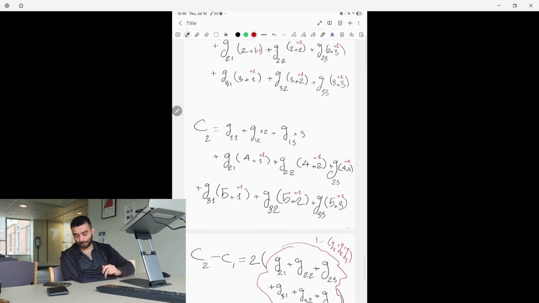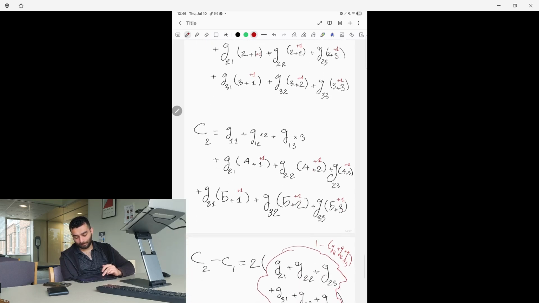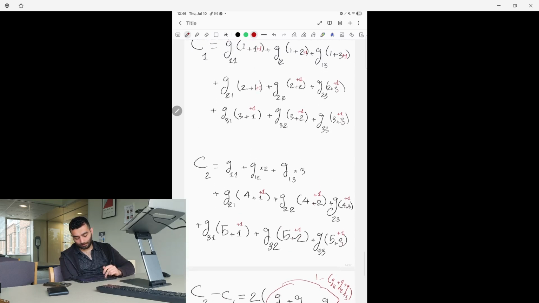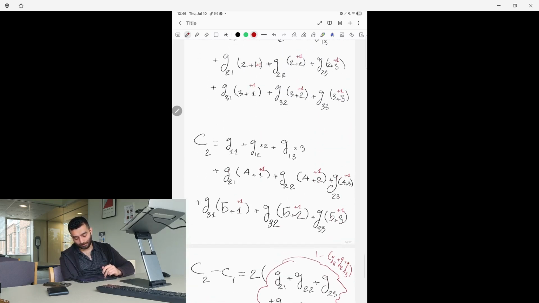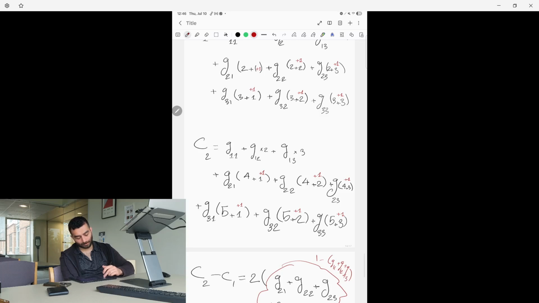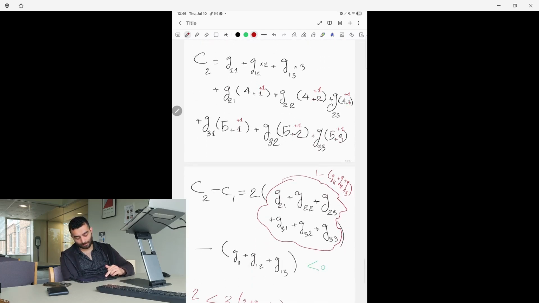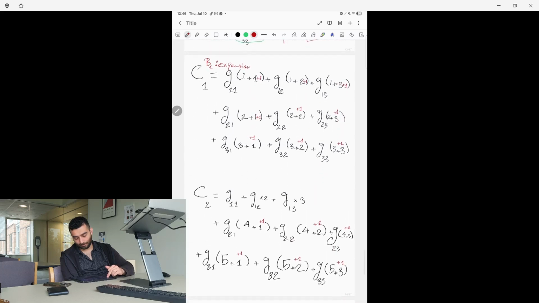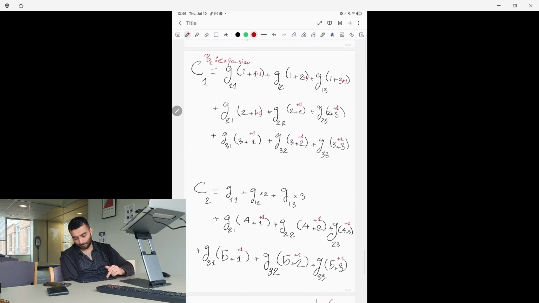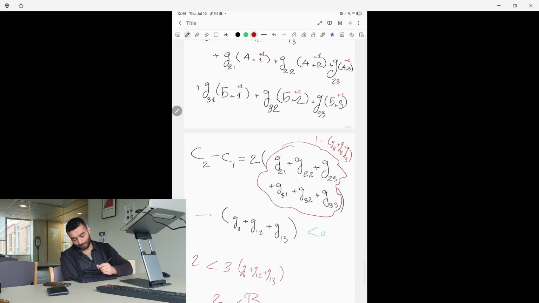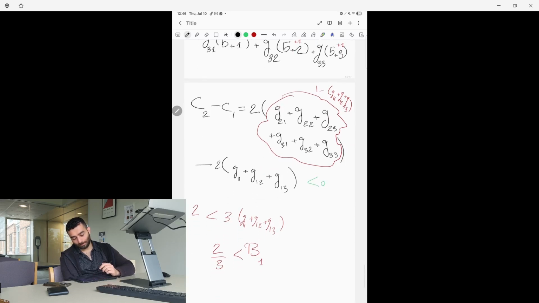So C2 minus C1 will be 2 times this minus, now they have one layer, we lost one layer here, so we can say 2 times this, so it will be 4.